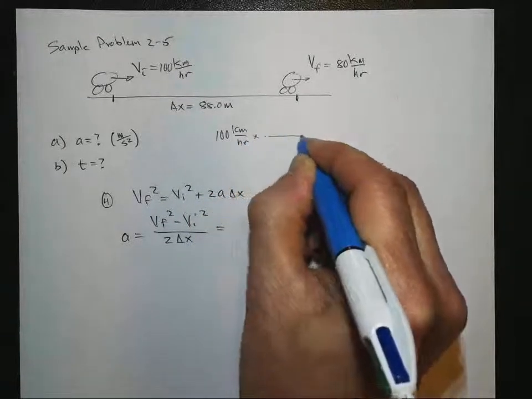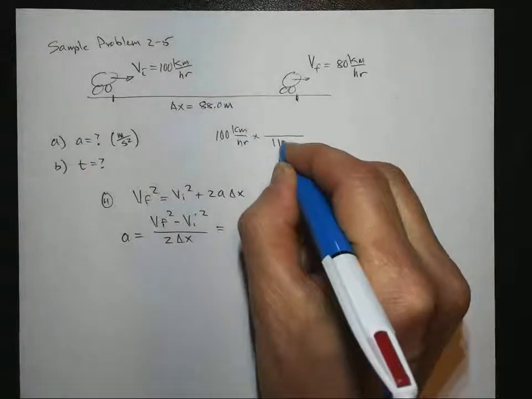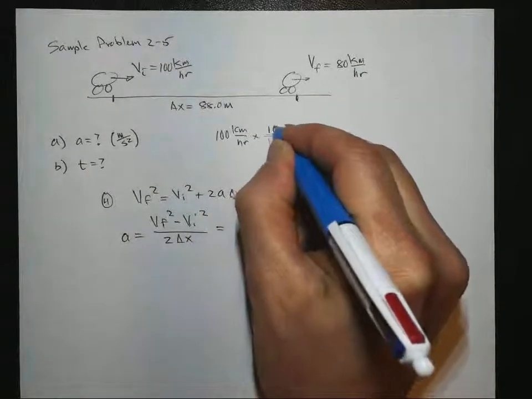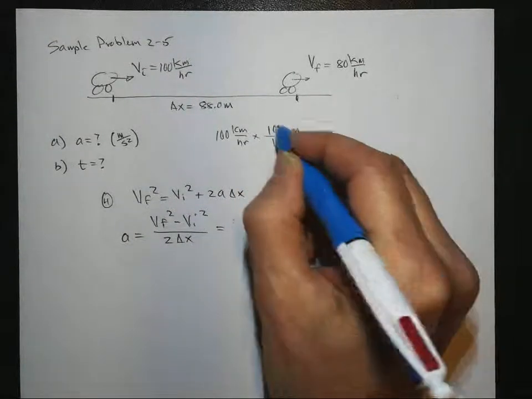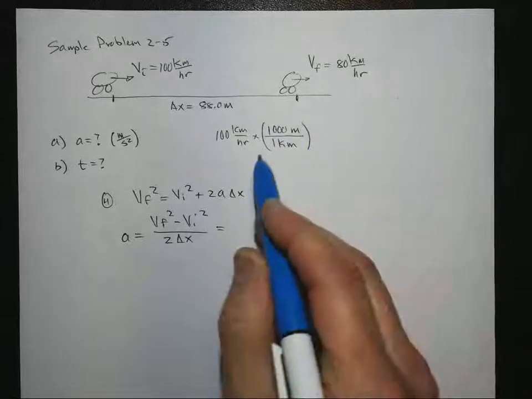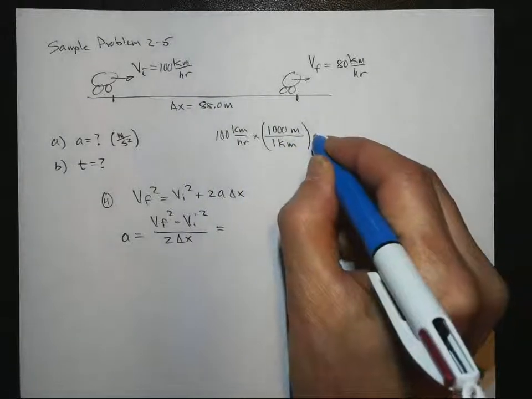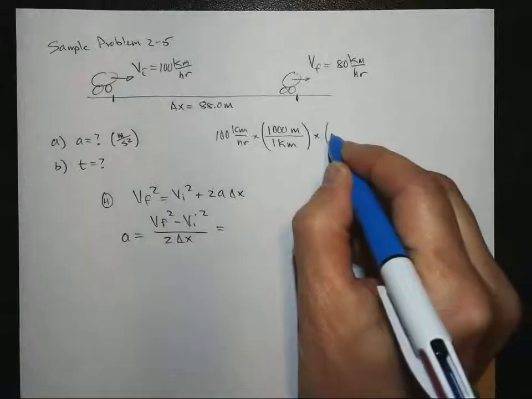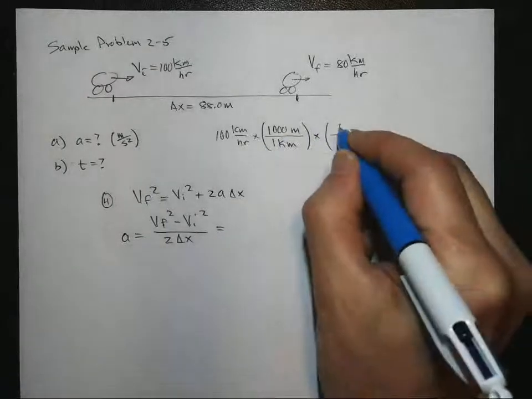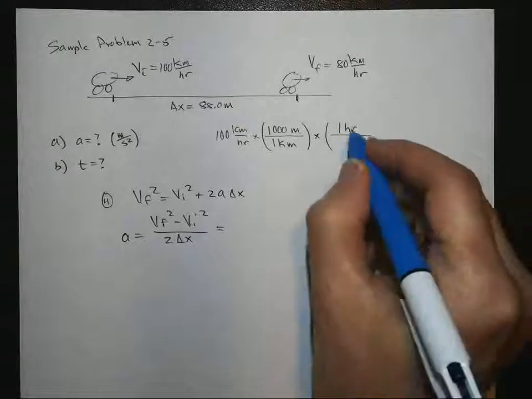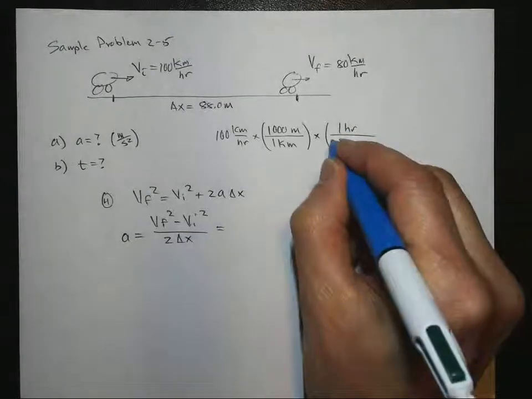Let's do the distance first. We know that 1 kilometer is equivalent to 1,000 meters. We're multiplying the given by a fancy form of 1, which will do the unit conversion and change the units. Then 1 hour would be the next conversion factor, equals 3,600 seconds.